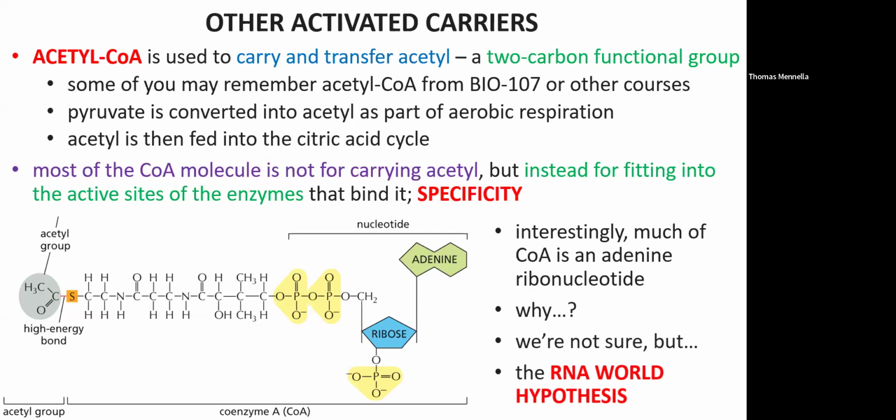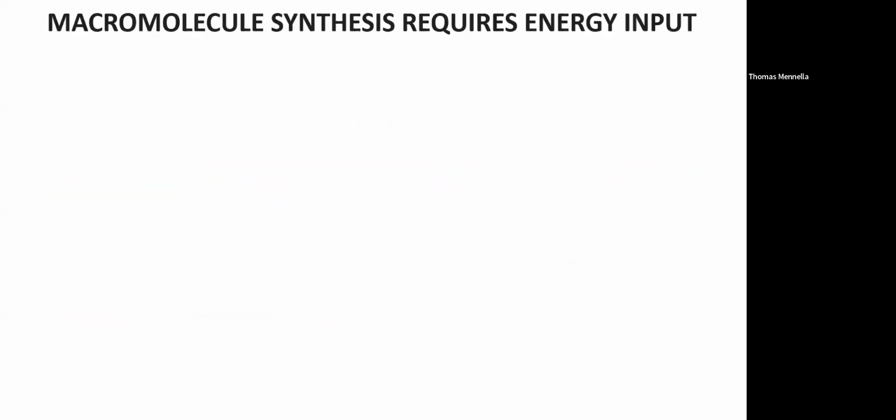Many of us believe, myself included, that RNA was the first true functional organic molecule on this planet. And we see vestiges of that. We almost see conceptual fossils of that all through life even today. So CoA, being such an important molecule, is probably built on an RNA backbone because RNA was the most plentiful and most successful molecule on prehistoric Earth.